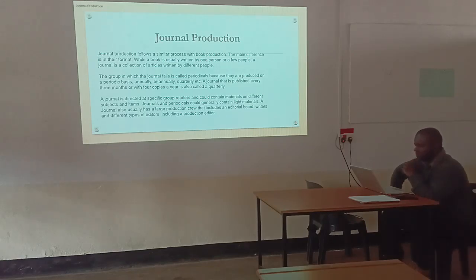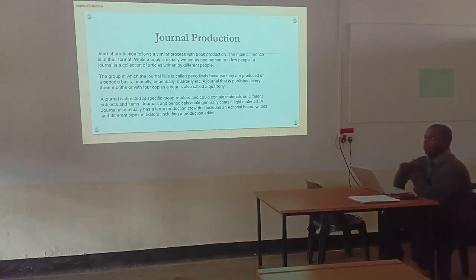And also, as I said, there is that element of being periodicals, right? Journals usually have a specific period whereby they will release another version. For example, some will be quarterly, some will be biannual. What do you mean? Some you have a journal that will come maybe after 1 month, right?